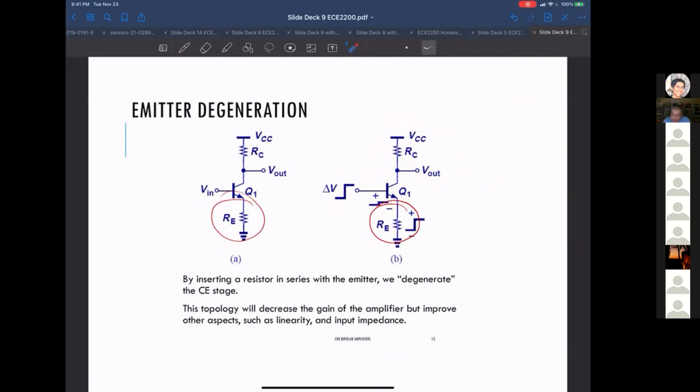When this change in input voltage gives you a purely exponential change in current, because if this guy is connected to ground, whatever voltage changes here, this output current changes exponentially with this change in voltage.